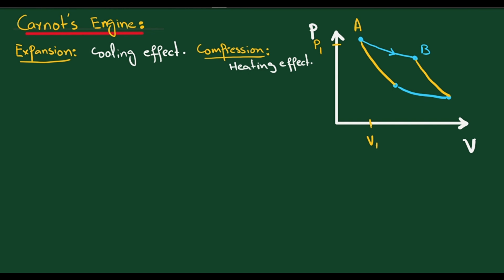Consider from A to B, the system goes from state A to state B. It is an isothermal process, so this is isothermal expansion, and the temperature remains constant.